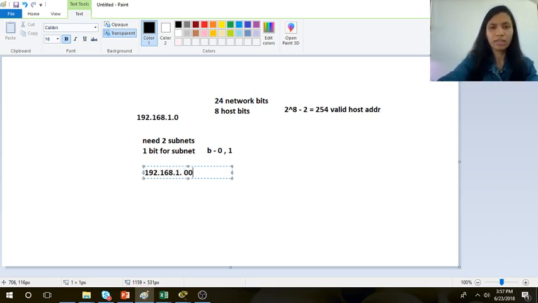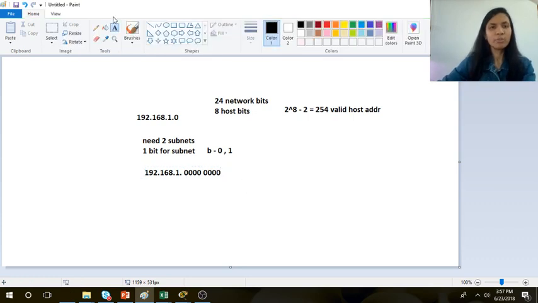So you have 192.168.1. This can be expanded into 8 zeros. So from this you have got 8 bits reserved for host bits. One bit out of this, which is the MSB, which is closest to the network bits, you will use for representing your subnets. If you use this for representing your subnets, you would be left with 7 bits for your host.